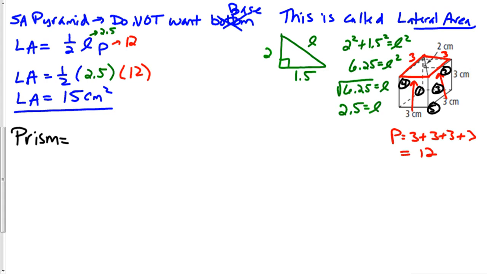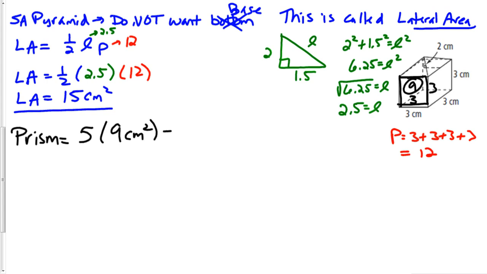I know the dimensions of each face is 3 by 3, so the area of each face is 9. So my prism is going to be 5 times 9 centimeters squared, which should give me 45 centimeters squared.